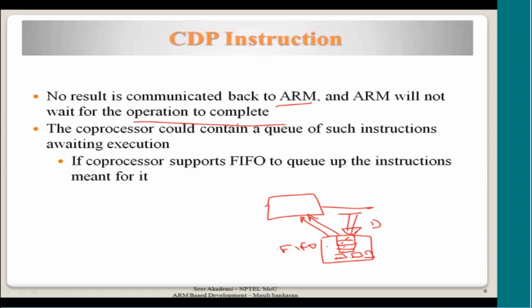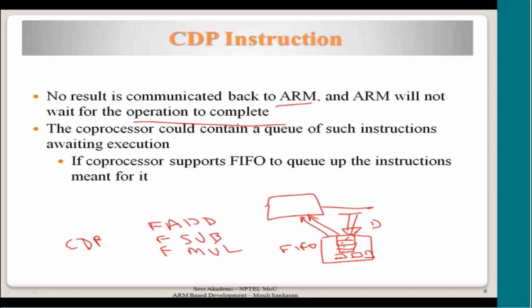Why is this required? I told you in the last class also, assume there is a floating point add, followed by a floating point subtract, and then a floating point mul. Suppose these are all CDP instructions. You agree?